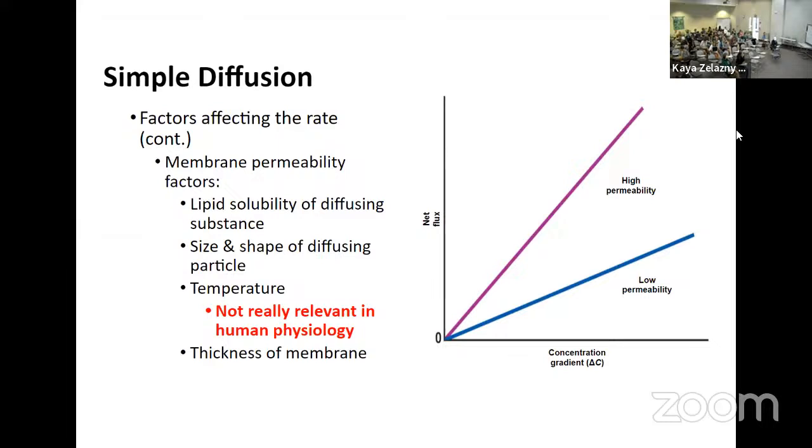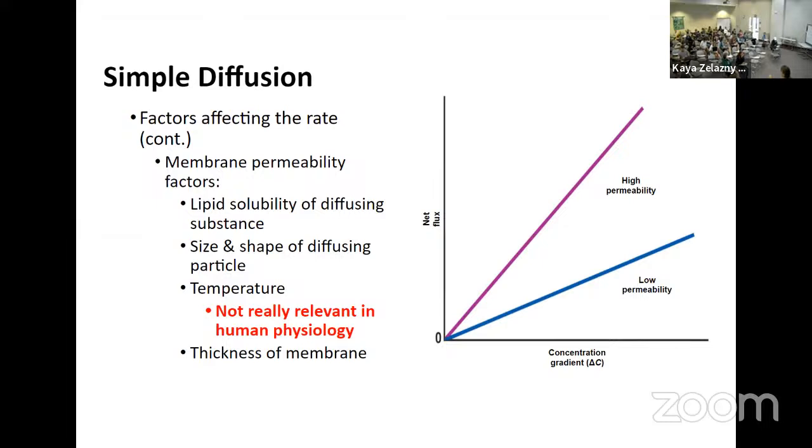So when we think about membrane permeability, a couple of things go into that. Different diffusing substances could, in theory, have different membrane permeability because they have different lipid solubility. What's influencing whether something can do simple diffusion at all?